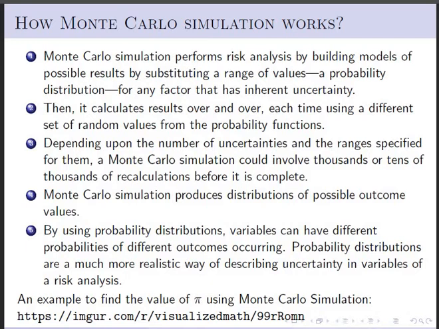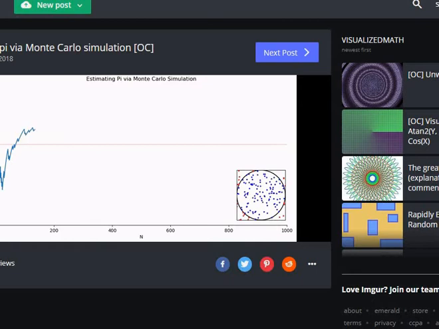This could involve hundreds or tens of thousands of recalculations before it is completed. It produces a distribution of possible outcome values. Here you can see that using the Monte Carlo simulation, the value of pi is found.